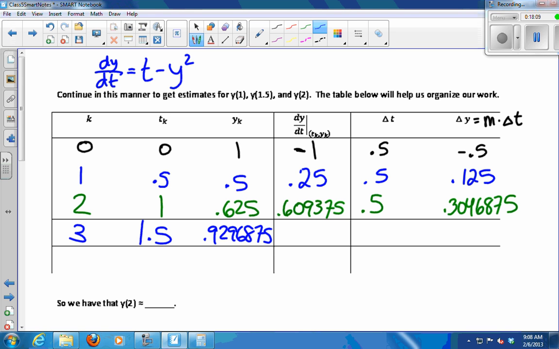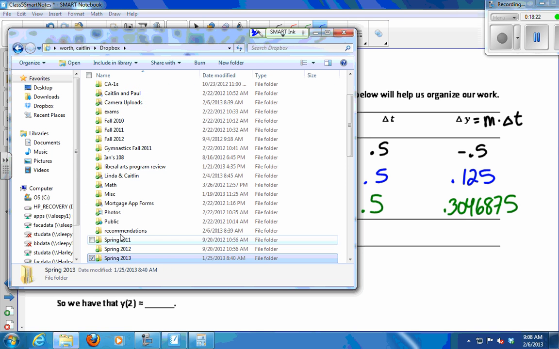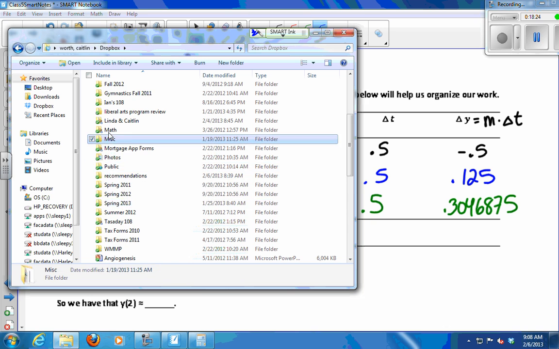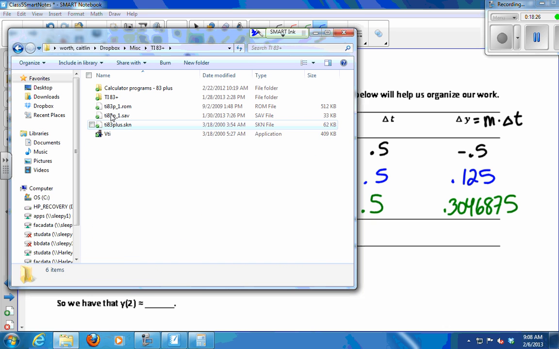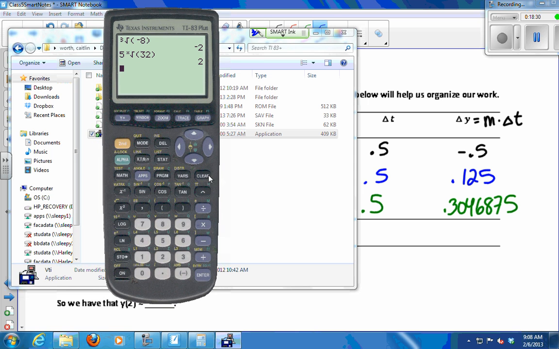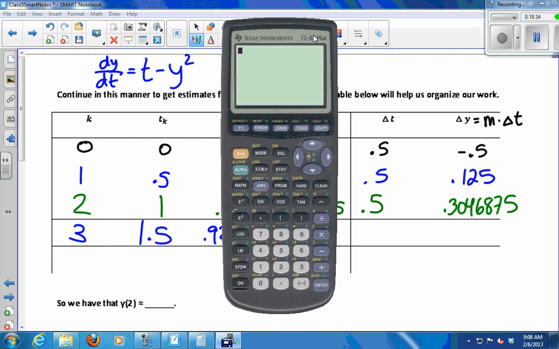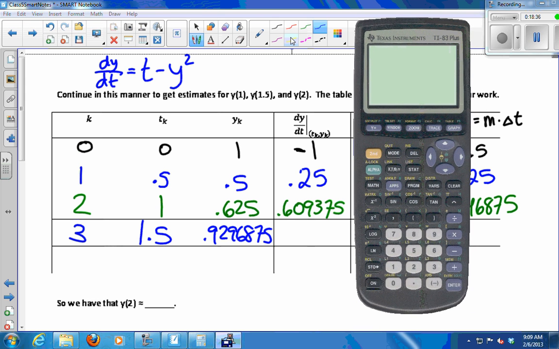Calculate your new slope. Use my graphing calculator. Yep.